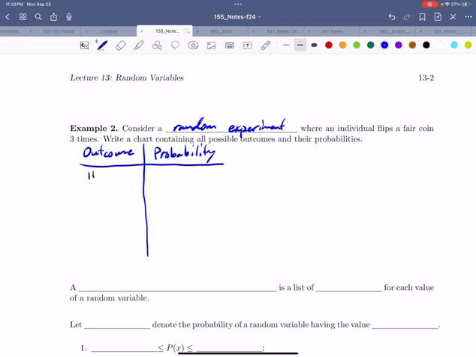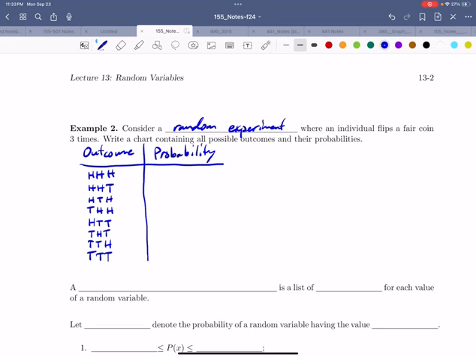So if you think about it, there are 8 outcomes. All heads. There's 1 tails, 1 tails, 1 tails. You could have 2 tails, 2 tails, 2 tails, and you could also have 3 tails. That should be 8 different outcomes.